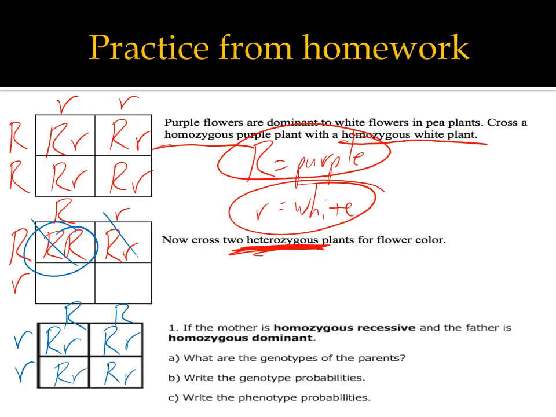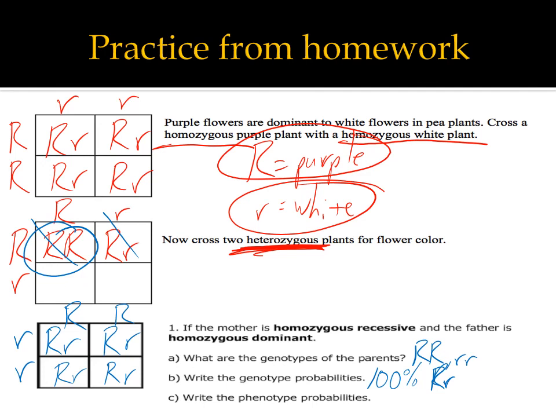Now we can answer our questions. It says, what are the genotypes of the parents? Genotypes for big R, big R and little r, little r. Write the genotype probabilities. Well, I see here we've got 100% of these are big R, little r. It's the only option because the dad can only give big R's, mom can only give little r's. So every one of the offspring rather is going to be big R, little r.